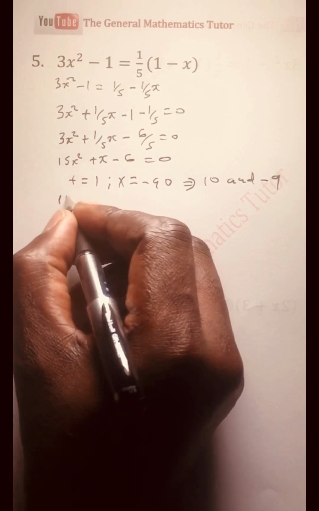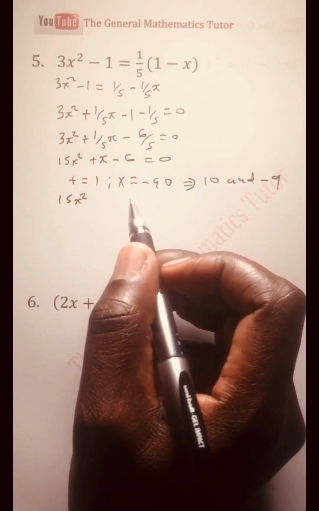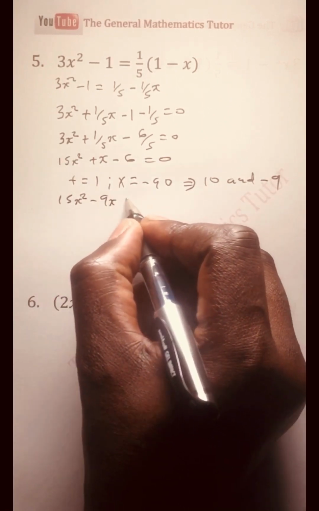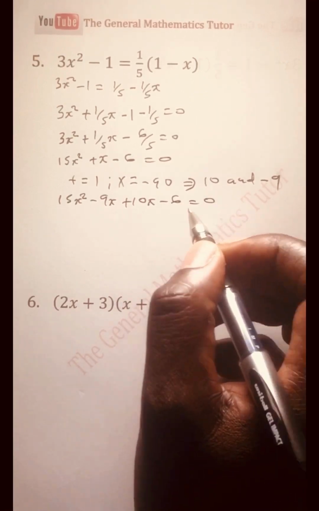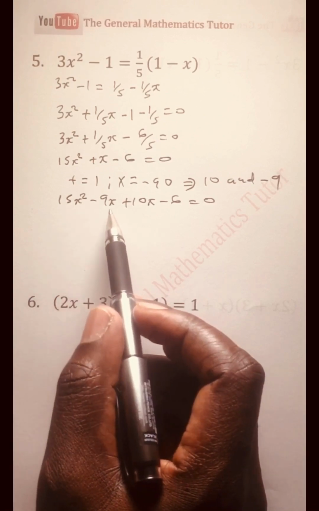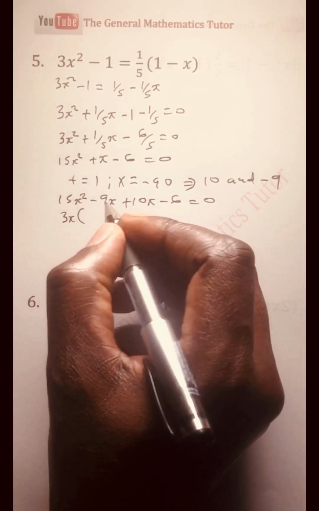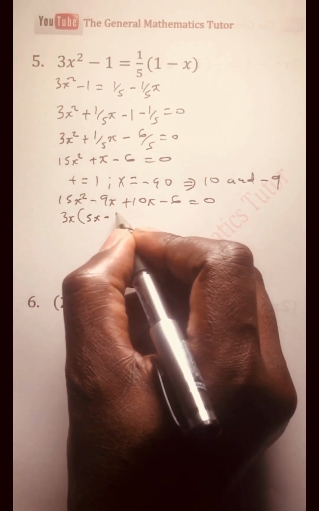So we'll have the equation as 15x squared, and then we can take minus 9x plus 10x minus 6 is equal to 0. So now we just look for the common factor between these two, and you'll find that to be 3x. So we have 3x into 5x minus 3.